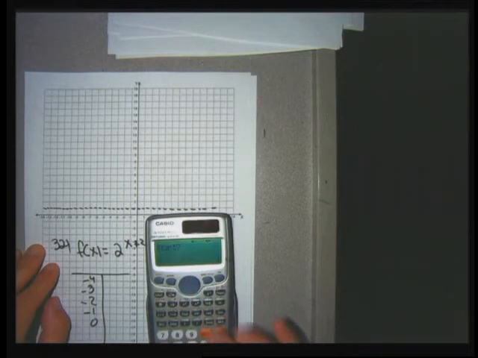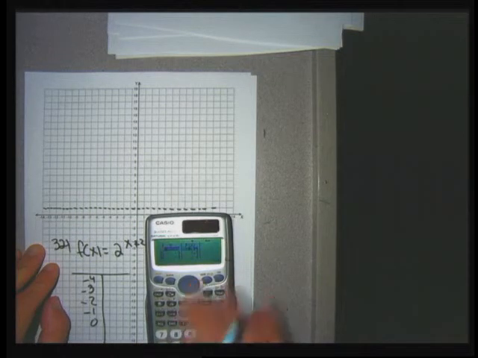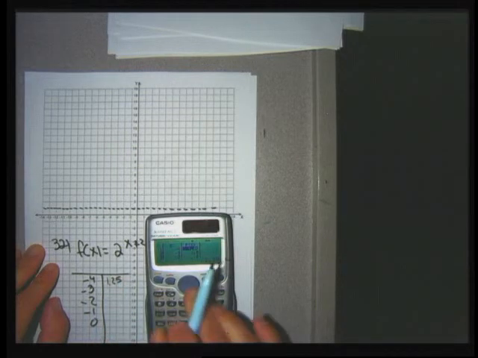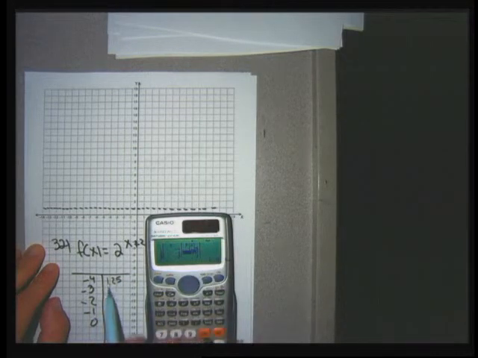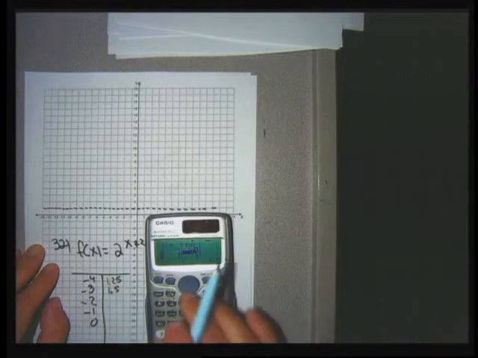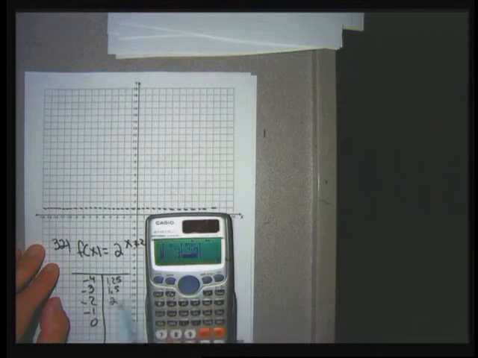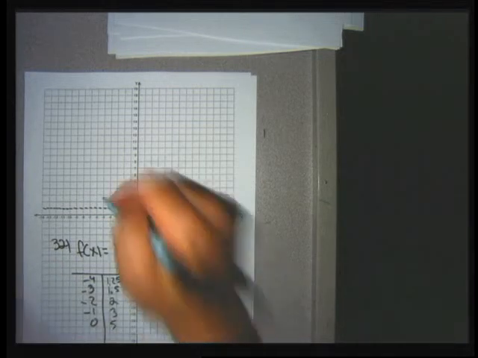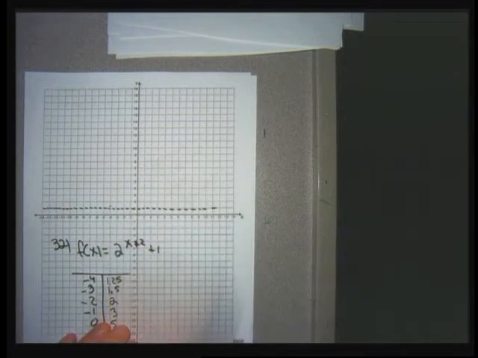Enter it, start at negative 4, end at 0, step 1. First point, the y is 1.25 next to the negative 4, and then negative 3, and then positive 1.5, negative 2 and 2, negative 1 and 3, 0, and looks like 5. So negative 4 and 1 1/4 is a little bit above that line.